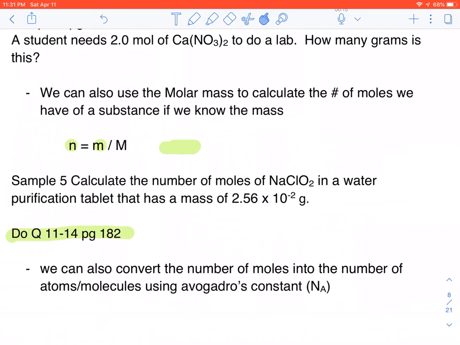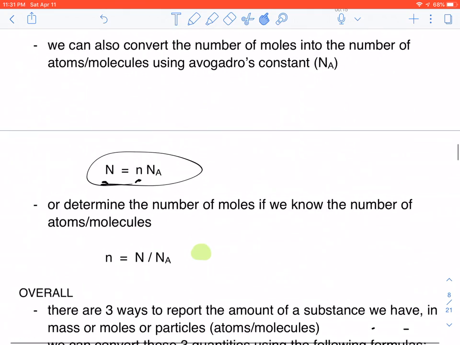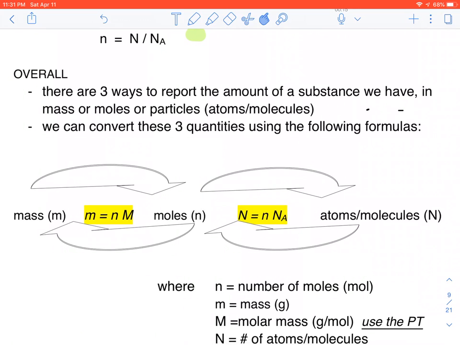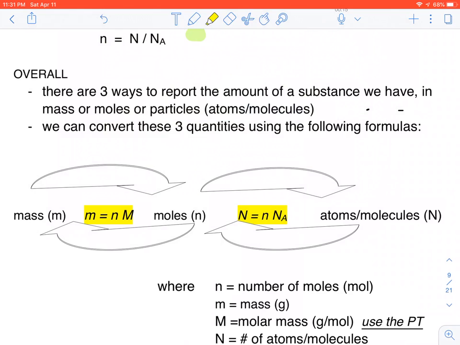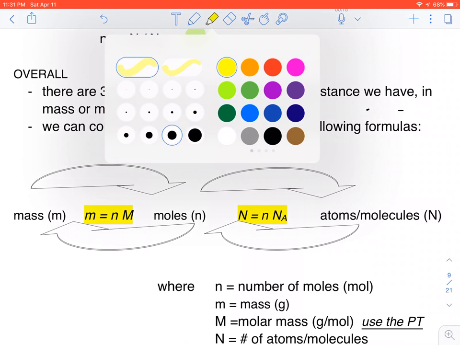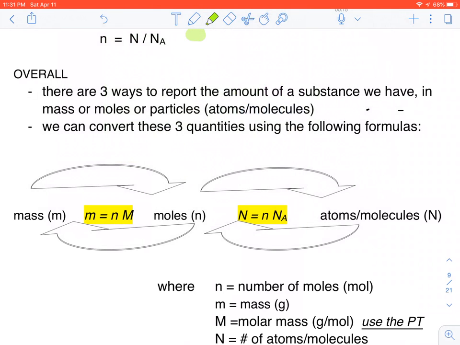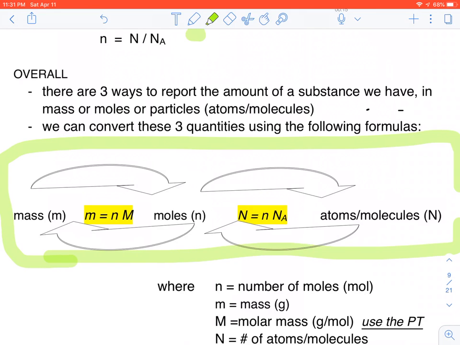So if I want to figure out, let's just move up a little bit here. Okay, so this is a really important, let's just go with a different color. Let's go with green. This is a really important flow chart. This tells me that there are three ways to talk about the amount of chemical that I have.